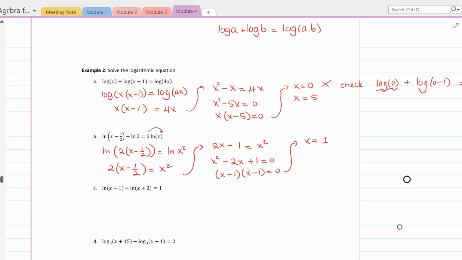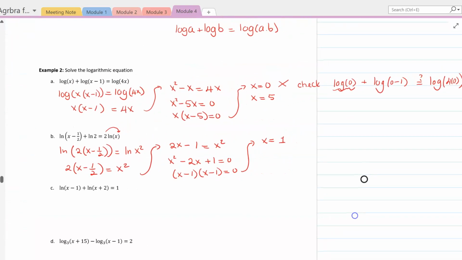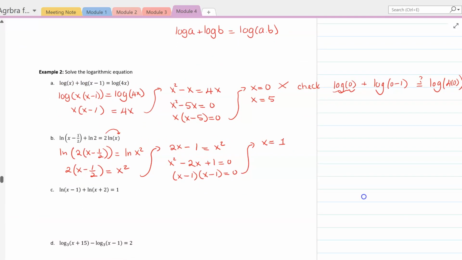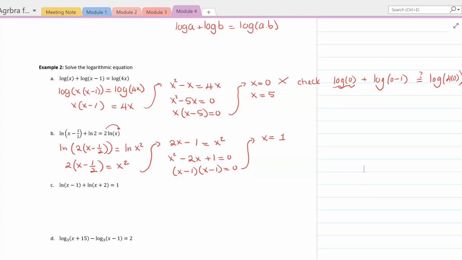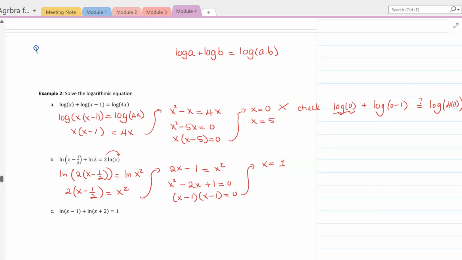Okay, before I move on further, let's remind ourselves of the domain of log and natural log. The domain is from 0 to infinity. So when we solve this equation, we need to double check that the solution we have is in that interval.